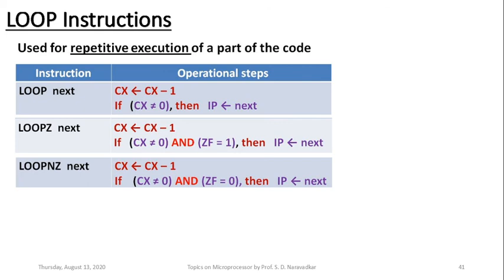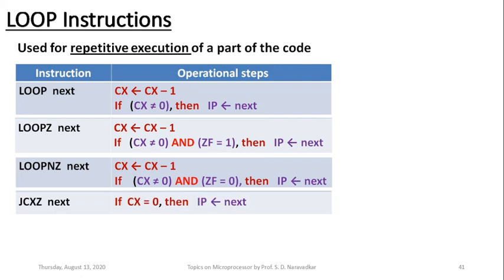Then the last instruction at the bottom, the fourth instruction, is JCXZ next. It is basically jump if CX register is 0. Its formulation is jump if CX equal to 0, which is written in the same manner on the right side.